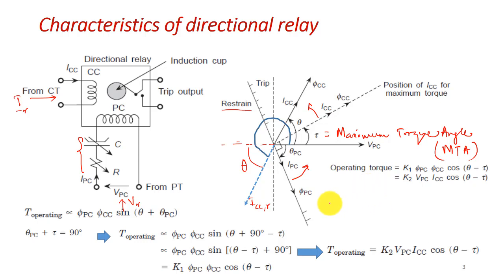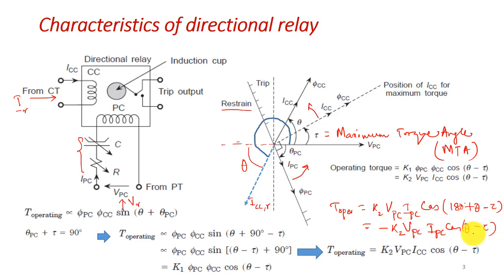Now the operating torque T operating will be K2 VPC IPC cos of (180 plus theta minus tau), which is minus K2 VPC IPC cos of (theta minus tau).